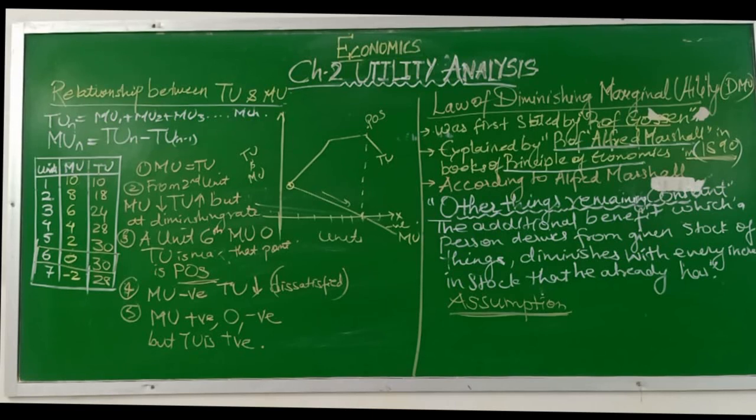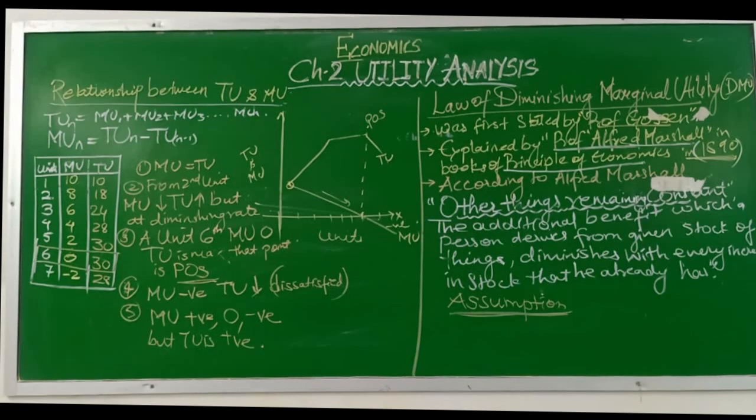He stated that, other things remaining constant, the additional benefit which a person derives from a given stock of a thing diminishes with every increase in the stock that he already has. So this is the law. That means in simple words we can say that marginal utility goes on diminishing with an increase in the successive units of a commodity consumed.